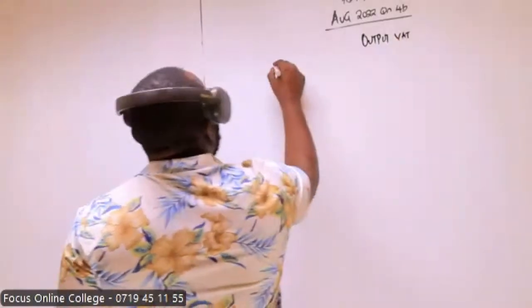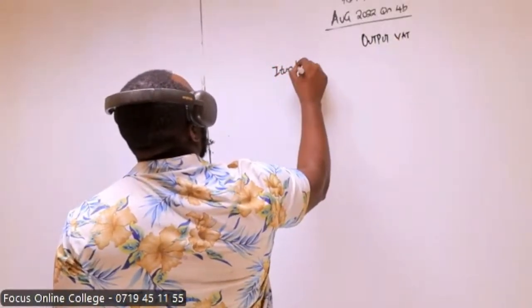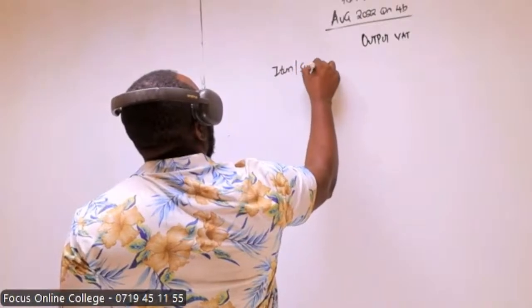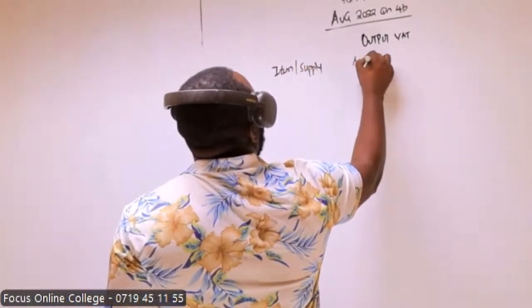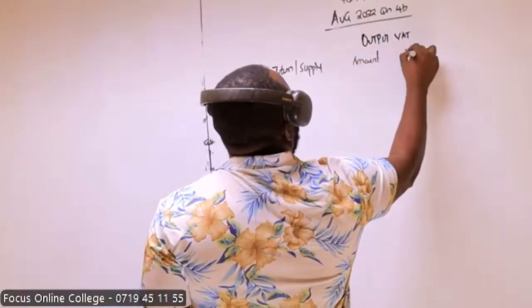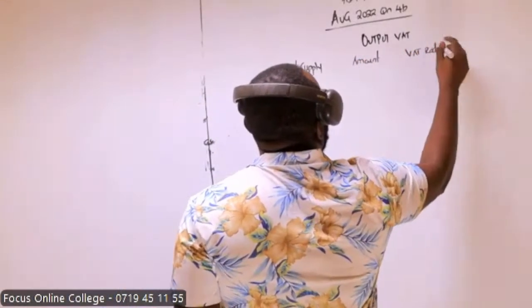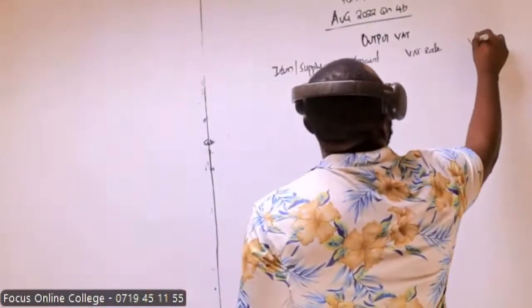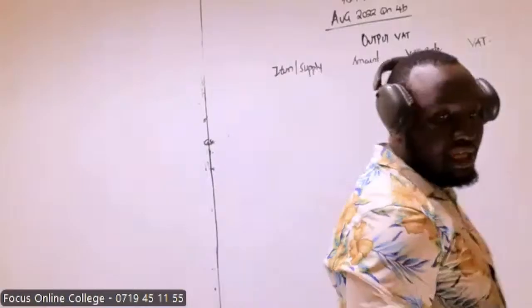Back to the output VAT. We have the item, the supply amount, the VAT rate, and then the VAT.